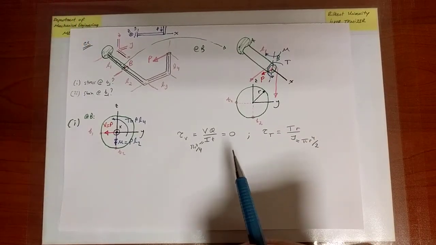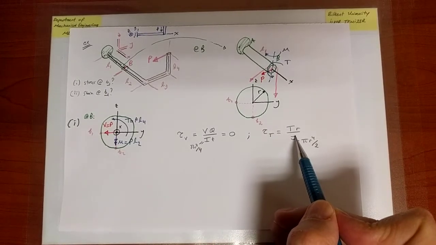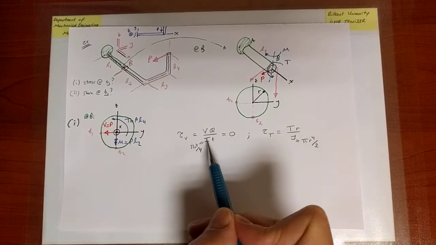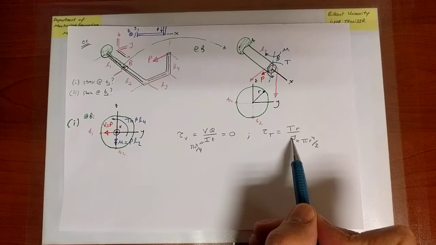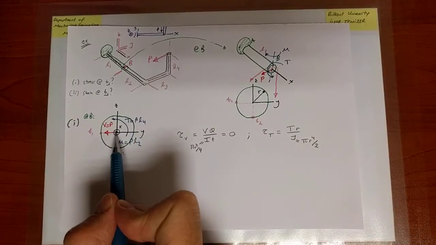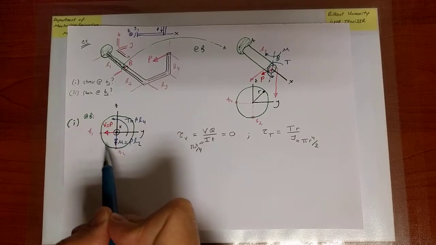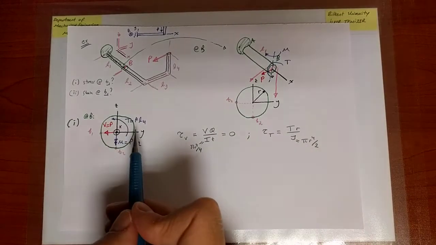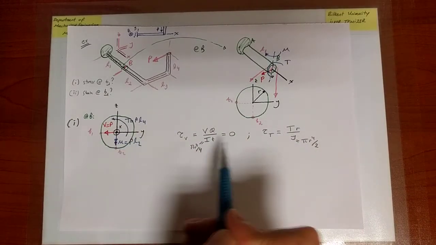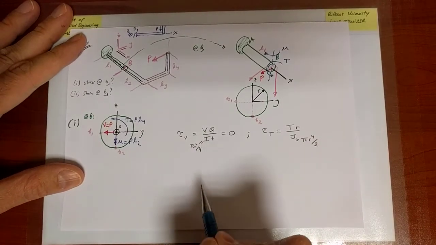If you have trouble recalling which one is over 4 and which one is over 2, you can remember that you obtain J by summing up I about Z and Y. Iz plus Iy would give you J, the polar moment of inertia, in this case Jx, about the x-axis, because that's the torque associated with that axis. So Jx is Iz plus Iy, so twice that has to give me that value. That's why this is a factor of 2, this is a factor of 4, this should be smaller.